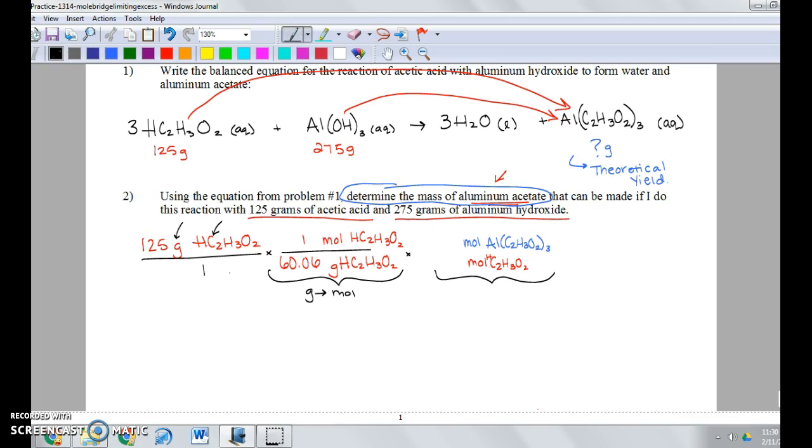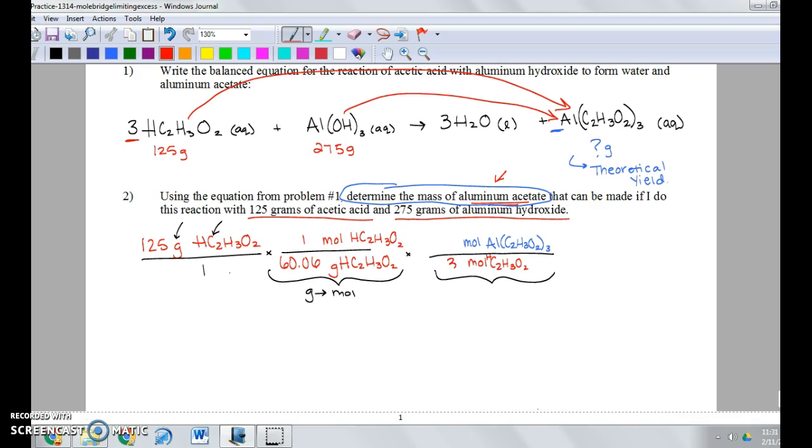So now we have to figure out what numbers go with those two units. So when we do the mole ratio, we go back to our balanced equation and we look at the coefficient. That's the big number in front of the compound.